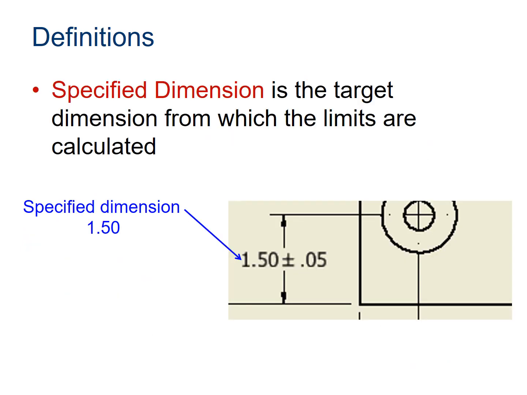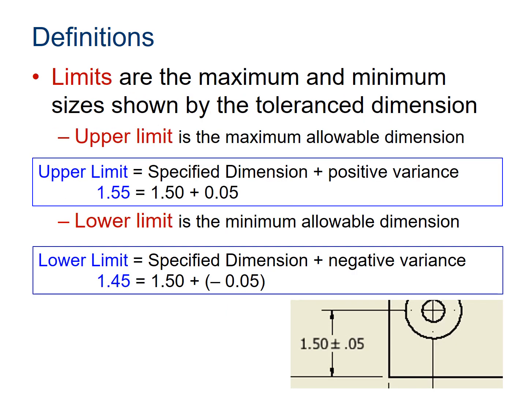So specified dimension, this is the target dimension for which the limits are calculated. So my specified dimension is, in this case, 1.5. That's going to be the distance from the center of that hole to the edge. Okay, and then my limits are the maximum and minimum sizes shown. So then I can do some math.